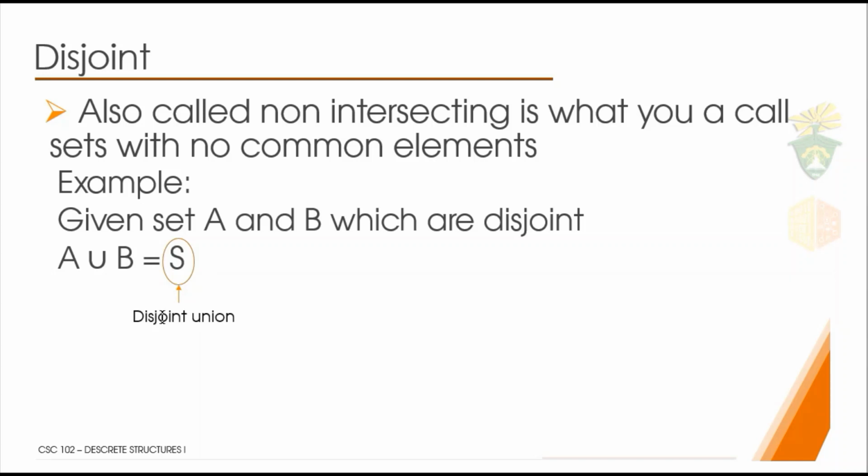This disjoint union is the result of the sets that you unioned when these sets are disjoint, meaning these sets don't have any elements in common.